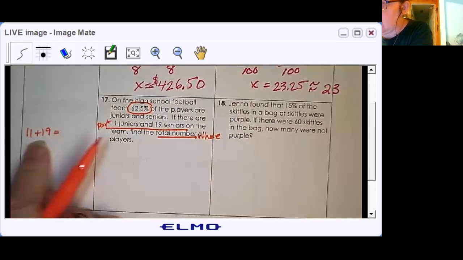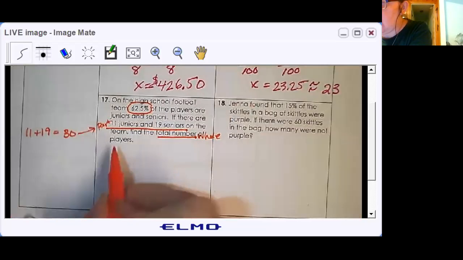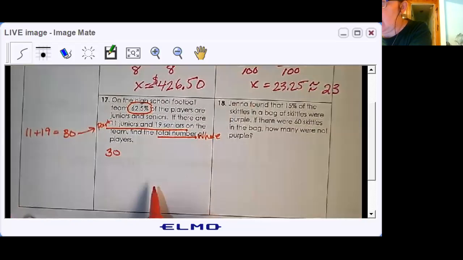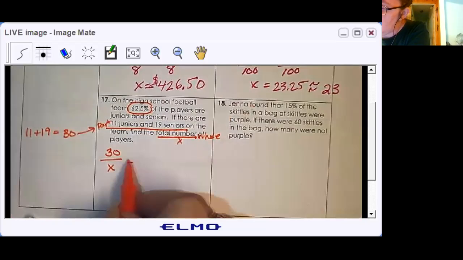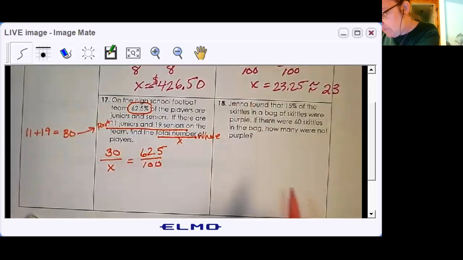Well, 11 plus 19 is 30. So my part here is actually 30 players out of a team of I don't know how many players, because that's my X right there, is equal to 62.5% of the entire team. So now that I have my problem set up, I'm going to cross multiply.